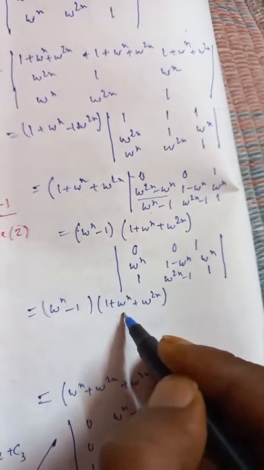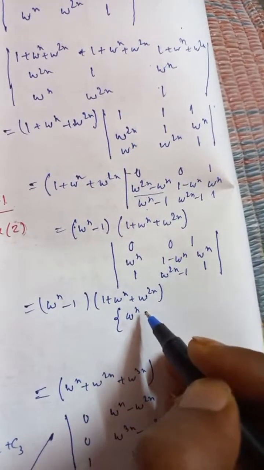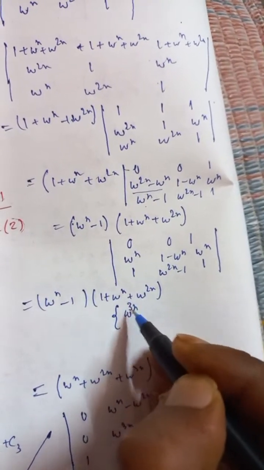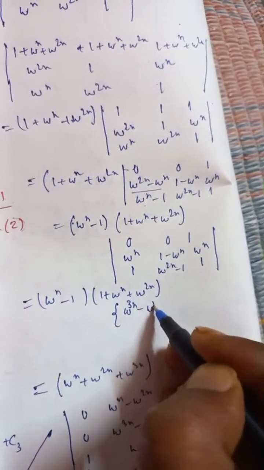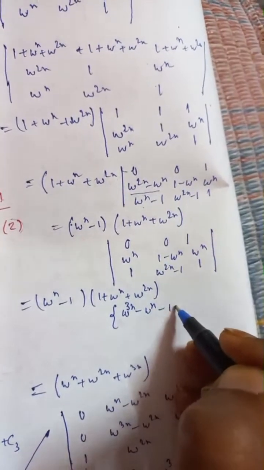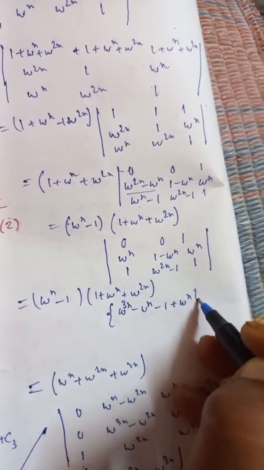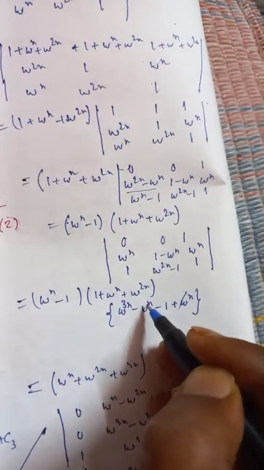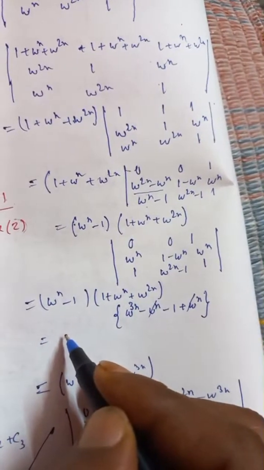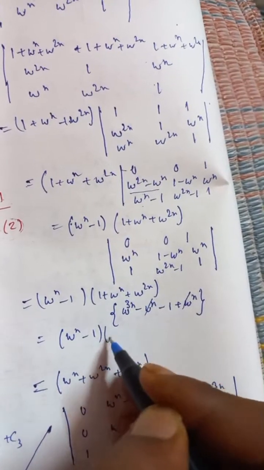Then it will be the second bracket: omega n, omega 3n, minus omega n, minus 1 plus omega n. So omega n and omega minus n cancel each other. So we will have omega n minus 1, omega 3n.